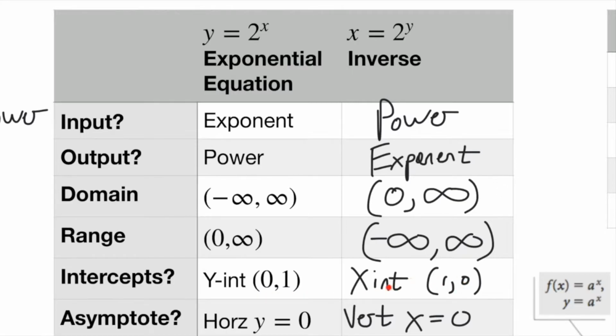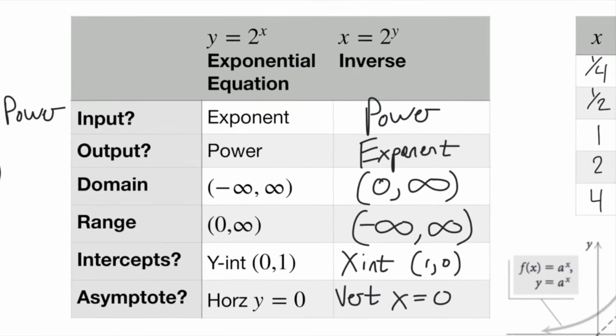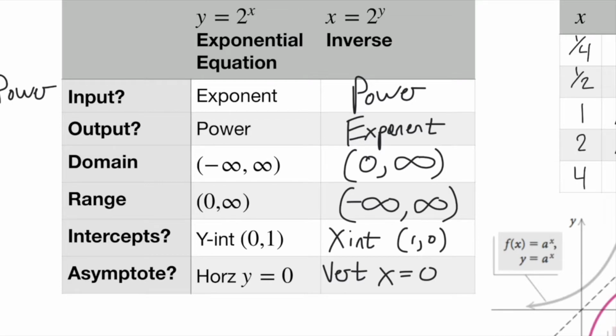Well, that changes here to an x-intercept. And so you can see, if you plug in 1 for x, the only way you're going to get a power out is if you make sure you have a 0 as an exponent. 1 is equal to 2 to the 0. That's an x-intercept in the inverse and a y-intercept in the original.